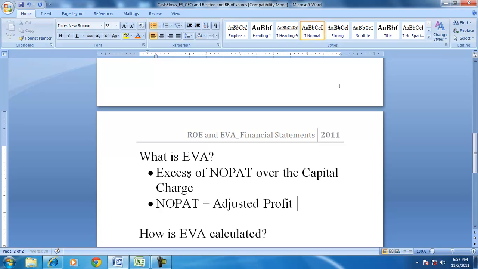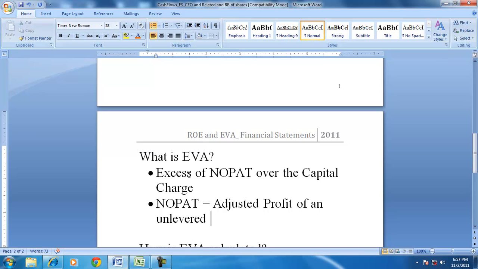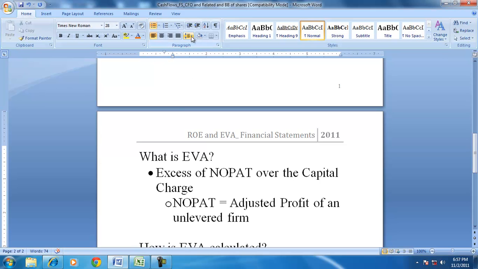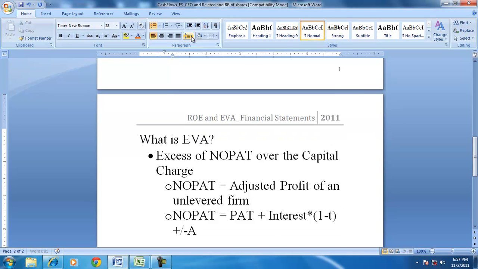We'll see why it is called adjusted profit of an unlevered firm. That means we remove the leverage while computing the NOPAT to keep aside or remove the financing distortion or financing anomaly. So NOPAT is calculated as PAT plus interest into 1 minus T, plus or minus accounting adjustments.